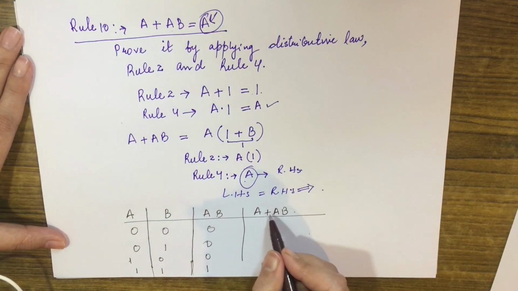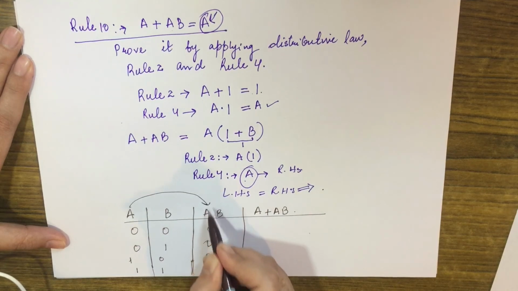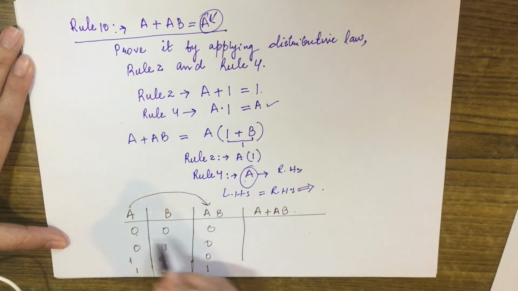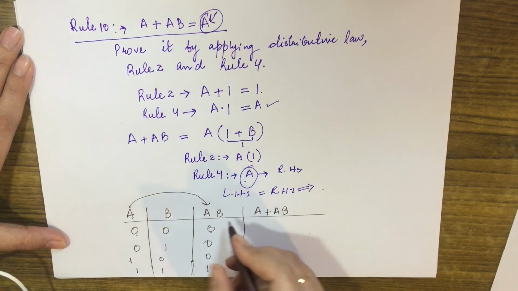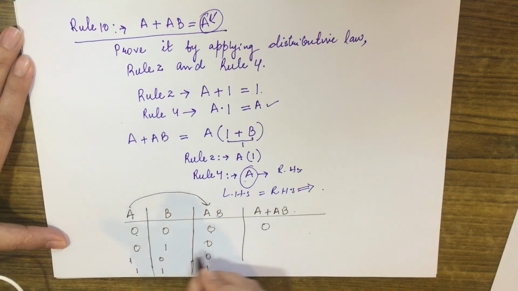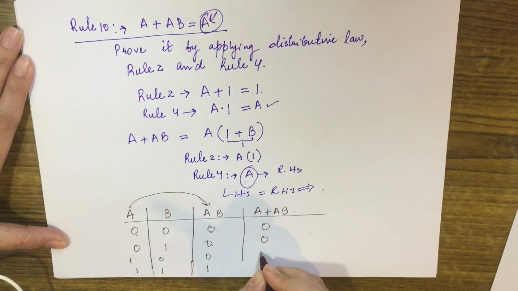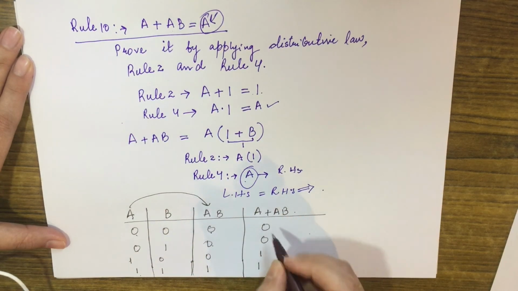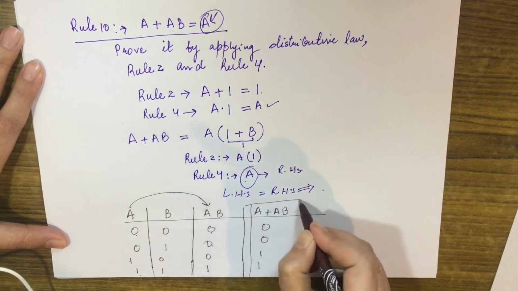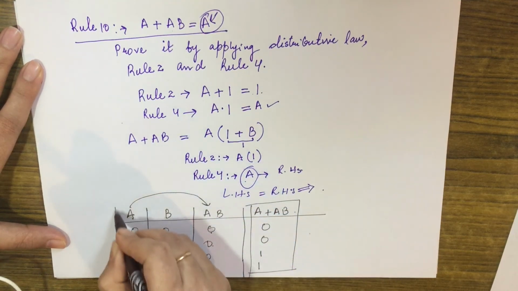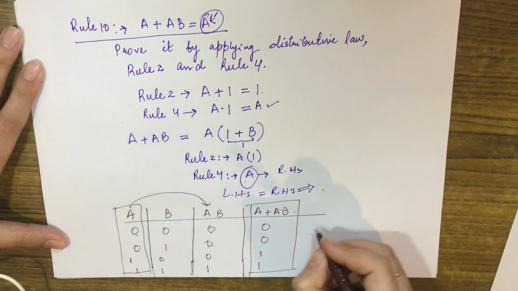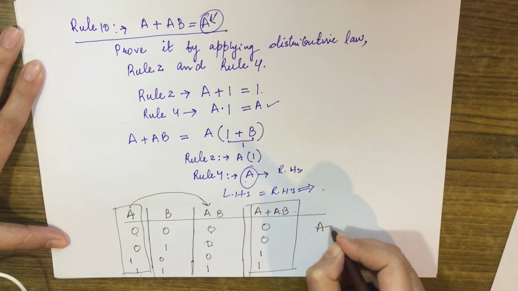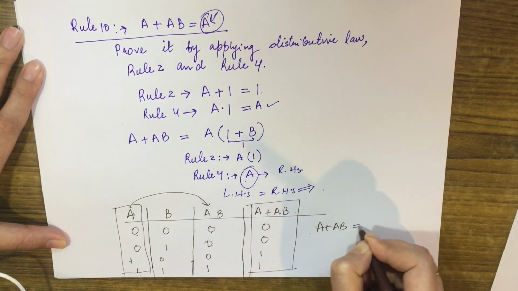Then we have to just OR a with ab. 0 or 0 is equal to 0, 1 or 0 is equal to 1, 1 or 1 is equal to 1. If you see that these values are equivalent to a, that means we have proved that a plus ab is equivalent to a.